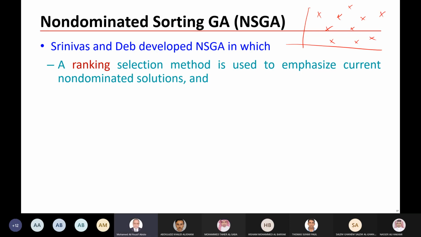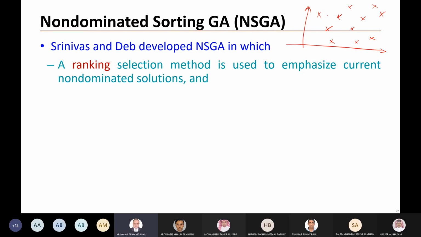Okay, so if these are the solutions in a certain generation, the population size here is 1, 2, 3, 4, 5, 6, 7, 8, 9, 10 solutions for each generation. Assume that this is a generation, and these are the solutions. Can you rank them in different fronts or different ranks according to the dominance?